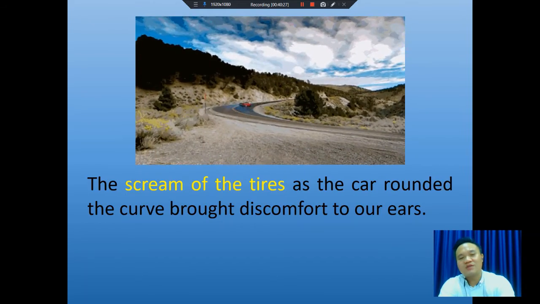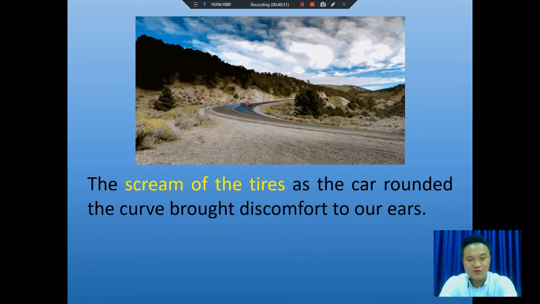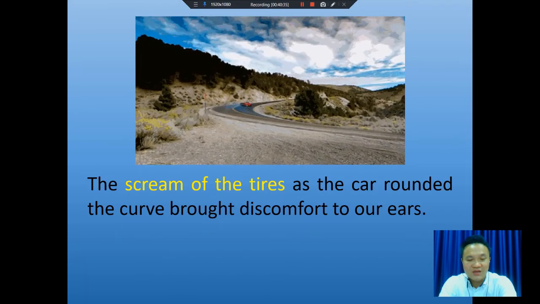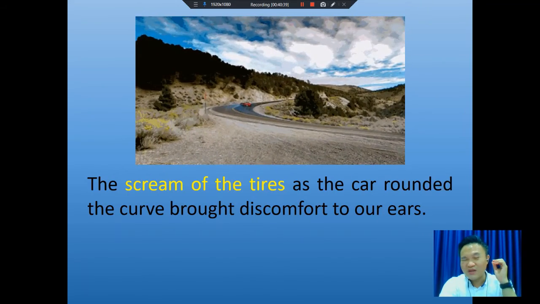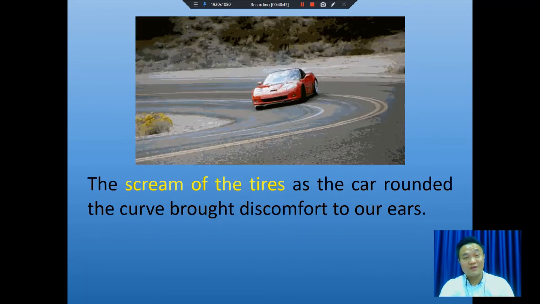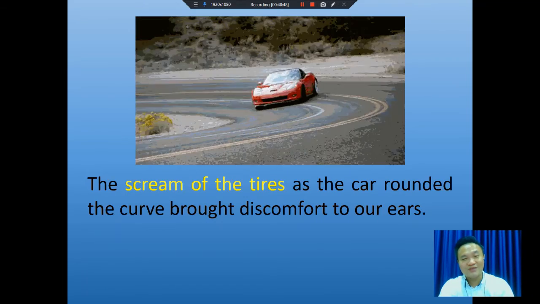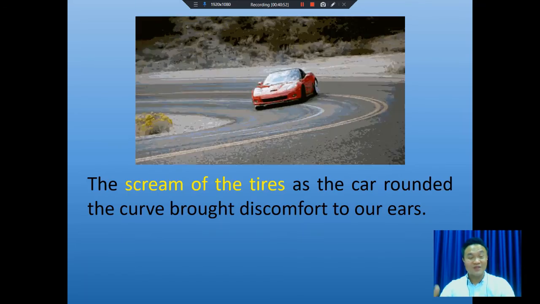Here I use the phrase, the scream of the tires. The scream of the tires as the car rounded the curve brought discomfort to our ears. The screeching sound is very uncomfortable to your ears. And for those who love sports cars, I'm sure those sounds don't annoy you that much. So this is the way you write the sound effect.